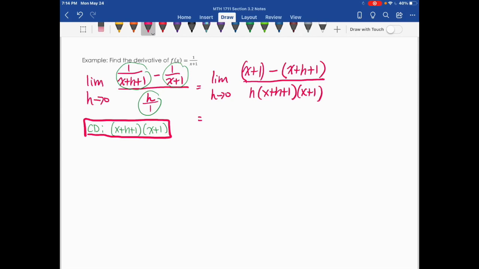That way I clear the fractions and I'm left with x plus 1 minus the quantity x plus h plus 1 all over h times the common denominator. So now, when I clean up the top, I have an x minus x, that disappears. I have a 1 minus 1, that disappears. And I'm left with a minus h over h times x plus h plus 1 times x plus 1.